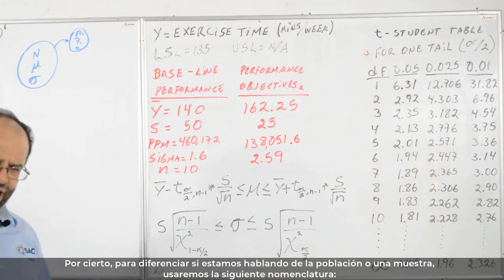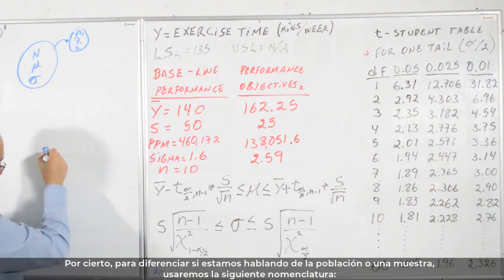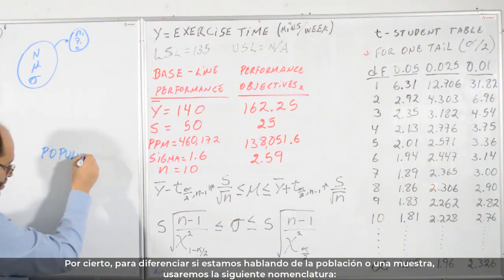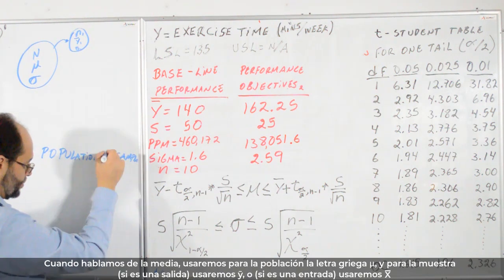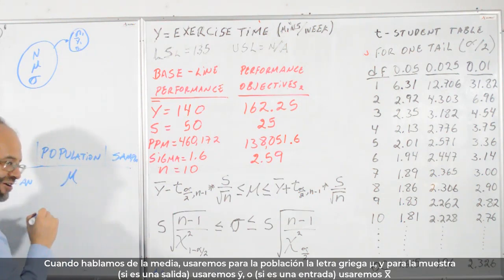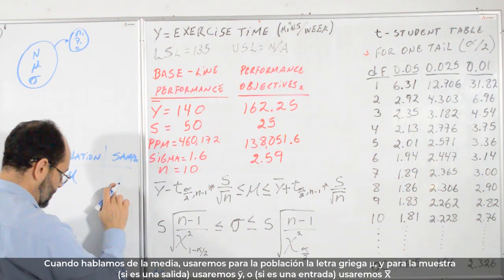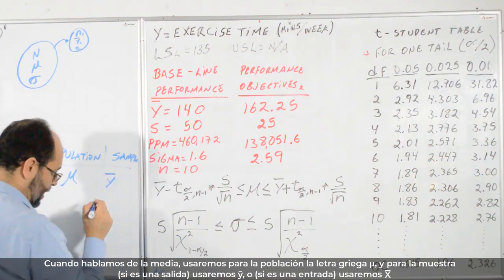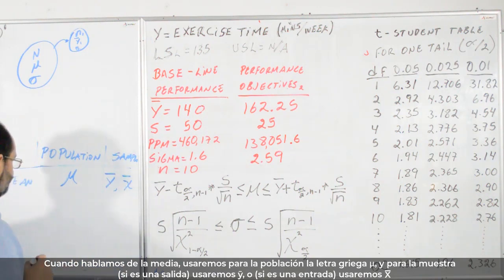By the way, just let me tell you that when we are talking about a population and when we are talking about a sample, usually when you are talking about the mean, we will use for the population a Greek letter, mu, and for the sample we are using, if it's an output, y bar, if it's an input, x bar.